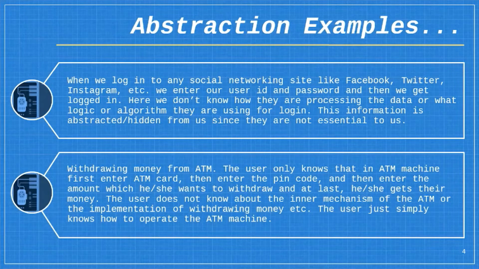It doesn't matter which bank's card you are holding or which bank's ATM you go to. Here, the user only knows that at any bank's ATM machine, he or she has to first insert the ATM card, irrespective of the bank. Then the person has to enter the PIN code and then enter the amount he or she wants to withdraw. And at last, that person gets the money.